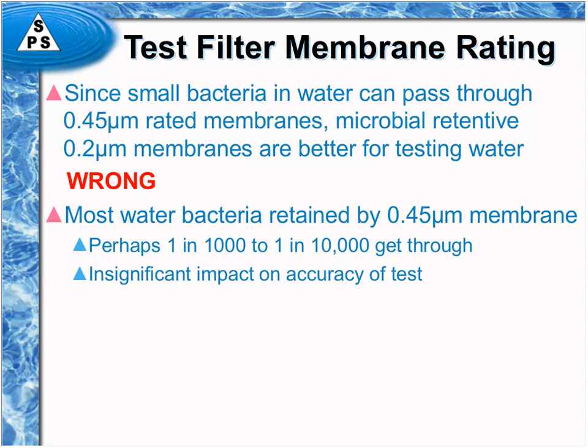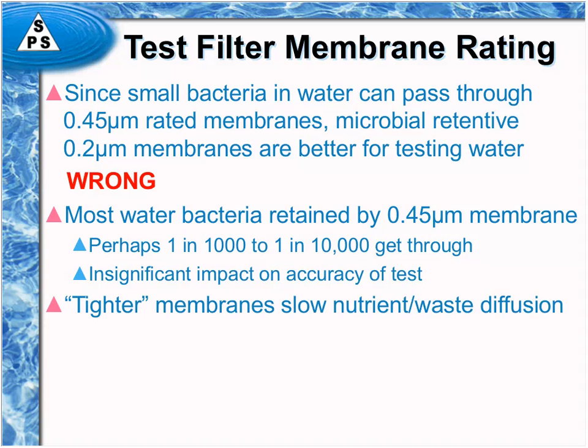membrane. But from the standpoint of a testing membrane, where your accuracy is never within a tenth of a percent or even 100th of a percent, it has an insignificant impact on the accuracy of the test to use a 0.45 micron membrane. Actually, what they have proved in their studies is that these tighter membranes, the membranes are now at 0.1 or even less, tend to be slower in their allowance of nutrient diffusion and waste diffusion through the membrane.